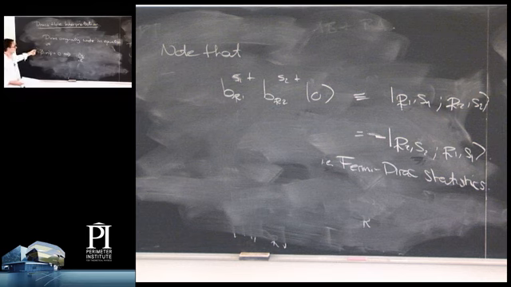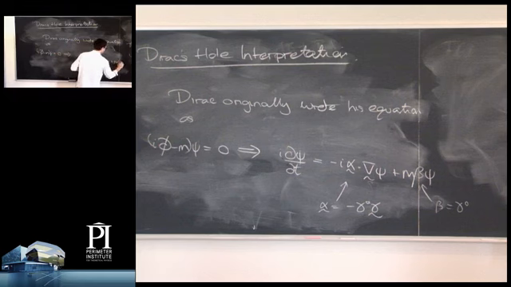Gamma 0 squared is 1, so that leaves us with this, but all the other terms come with a gamma 0. Often in textbooks, it's written in the following way.